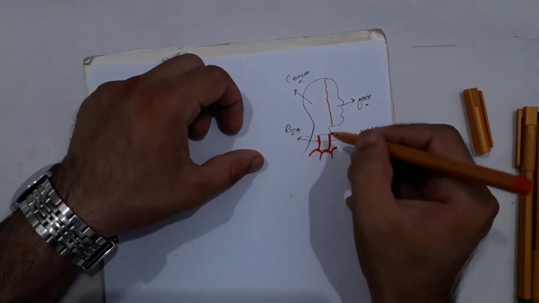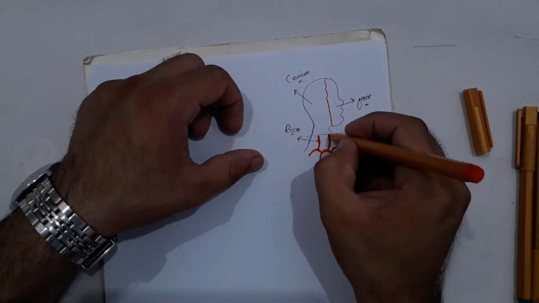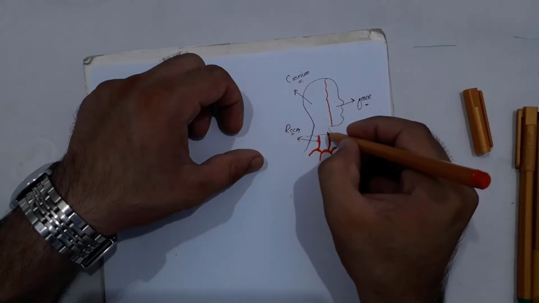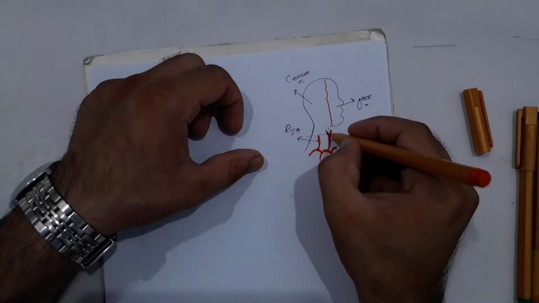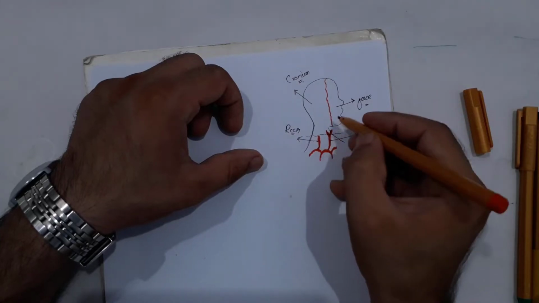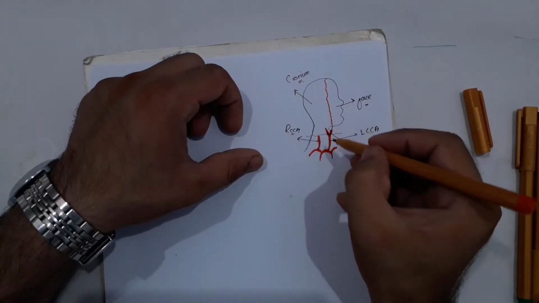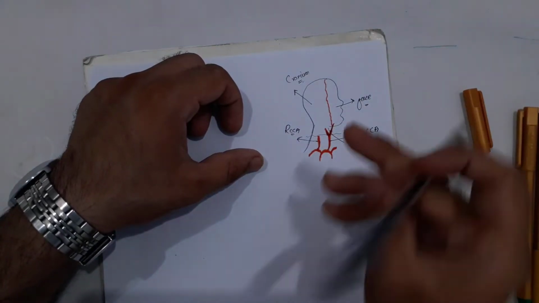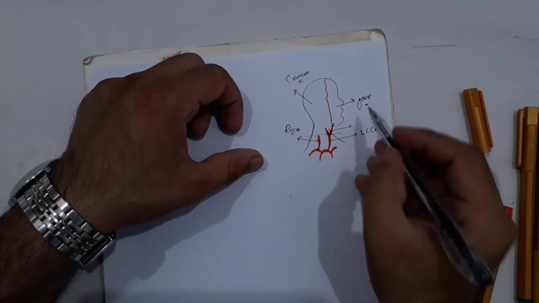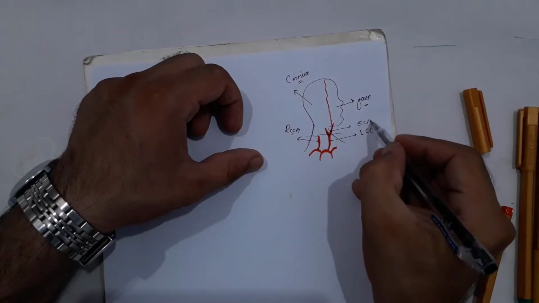Now look carefully at what I'm saying. Both of these arteries at a specific point divide into anterior and posterior branches, right? The anterior branch is called the external carotid artery.